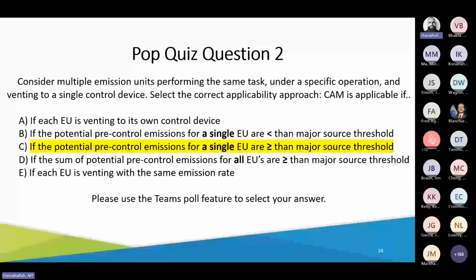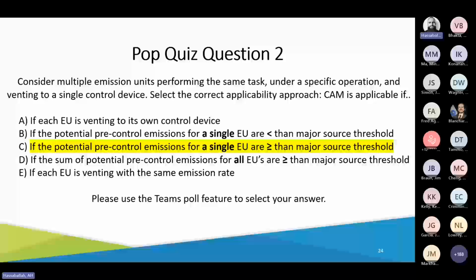Okay, the answer is C. If the potential pre-control emissions for a single emission unit, as the emission unit is defined, are greater than the major source threshold, then CAM is applicable. We're probably going to sound like a broken record here, but bear with us. The CAM rule is based on a pollutant-specific emission unit.